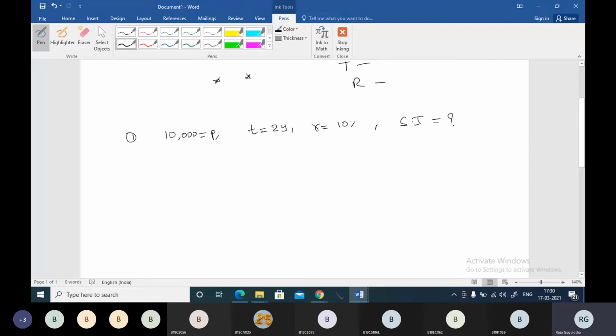Please answer this question, guys. The formula you already know. The formula is PTR by 100. You can substitute the values, and you will get the answer.